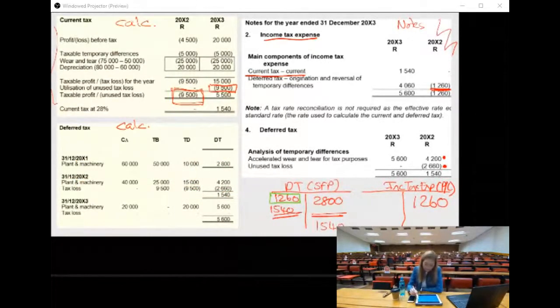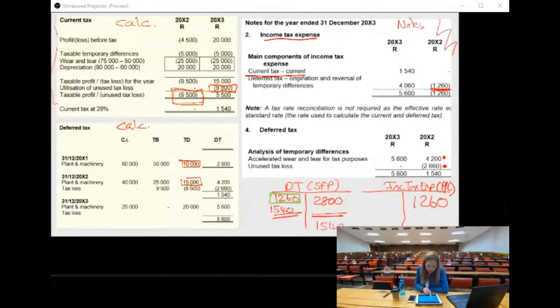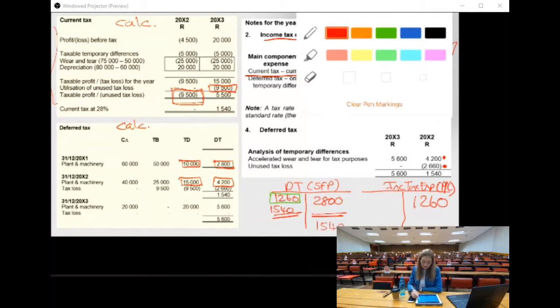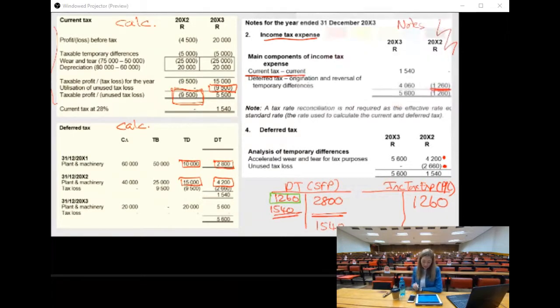Okay, so she's saying, and that's a good point. So she's saying that there's actually in this deferred tax movement, there's a movement just related to the accelerated wear and tear or the plant and machinery from 10,000 to 15,000. Okay, so this movement, so the movement from 2,800 to 4,200. So effectively what happens, let's just get another color there.